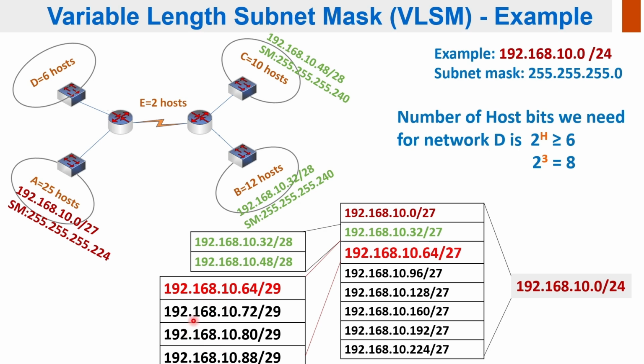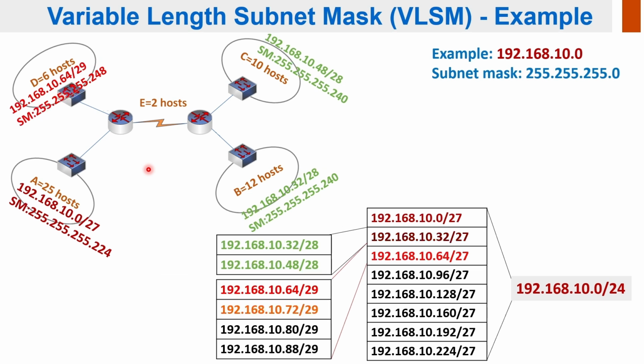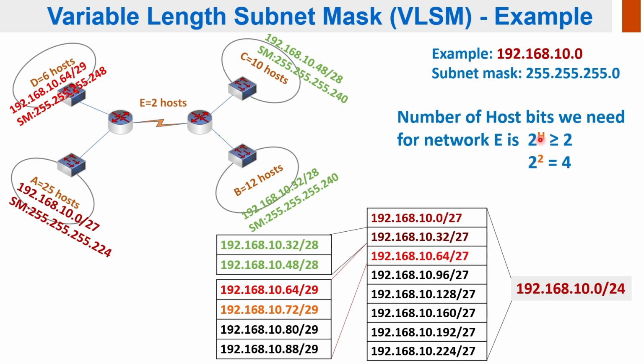And out of these 4 subnetworks, the first, numerically lowest subnetwork, 192.168.10.64, we allocate to network D. So the remaining network is only network E, and for this network we need 2 hosts. For 2 hosts, how many bits do we need? 2 to the power h should be greater than or equal to 2, so 2 to the power 2 is 4. So we need 2 bits.